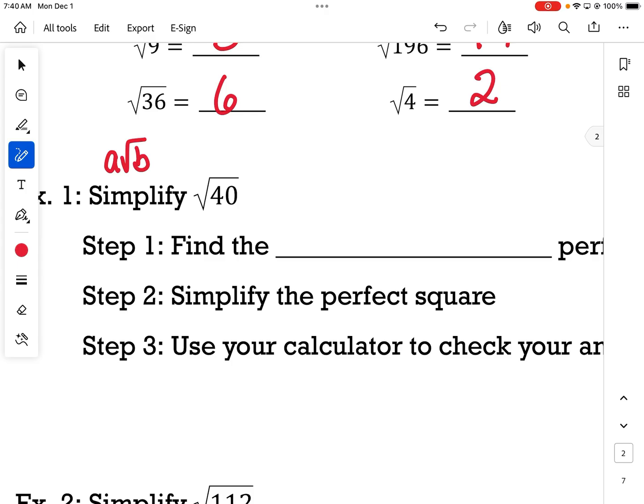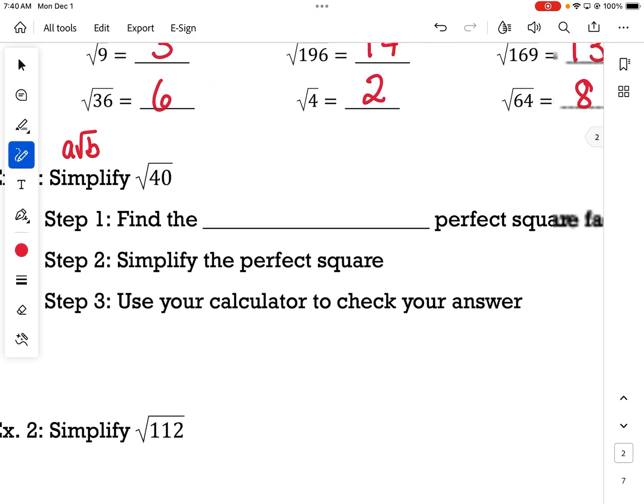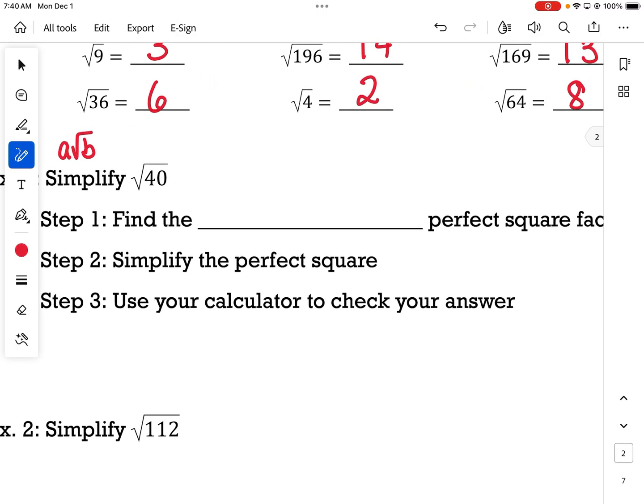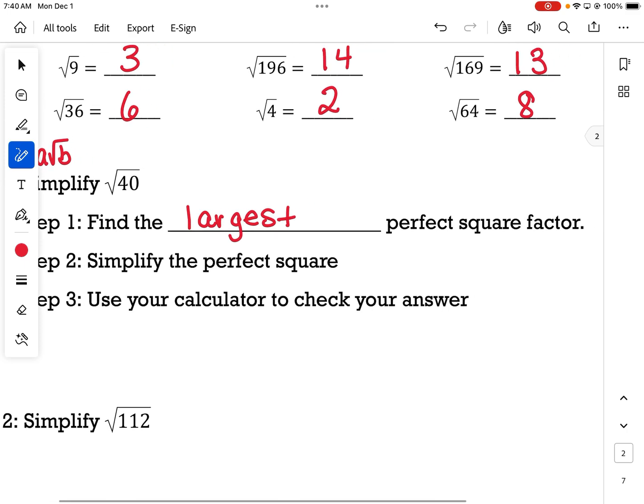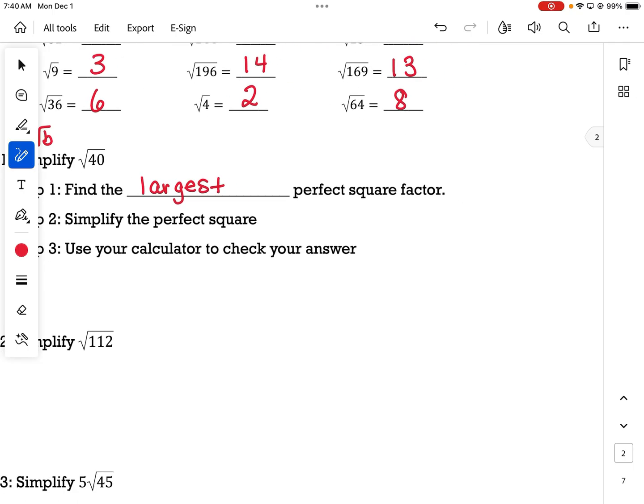So I'm going to show you how we're going to do this. You did this back in Algebra 1 and maybe a little in geometry. So find the largest perfect square factor. The great thing is we can use our calculator to find all of our factors and then just look at the perfect square factors.